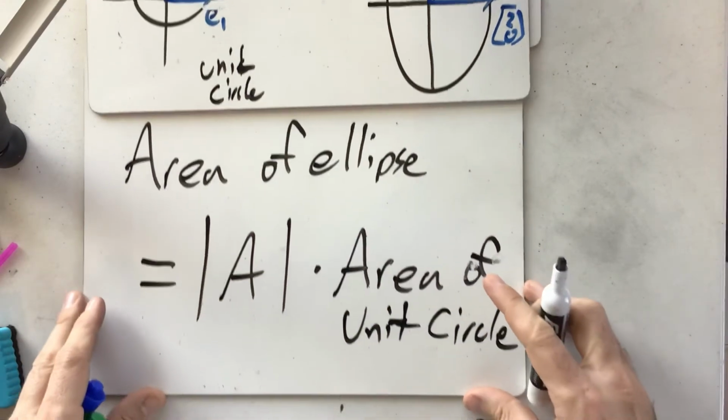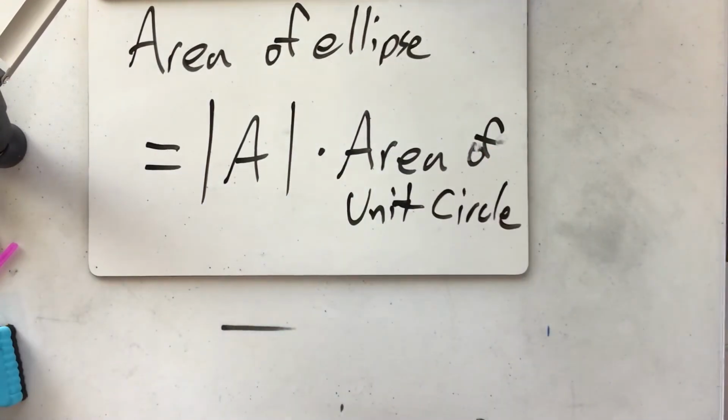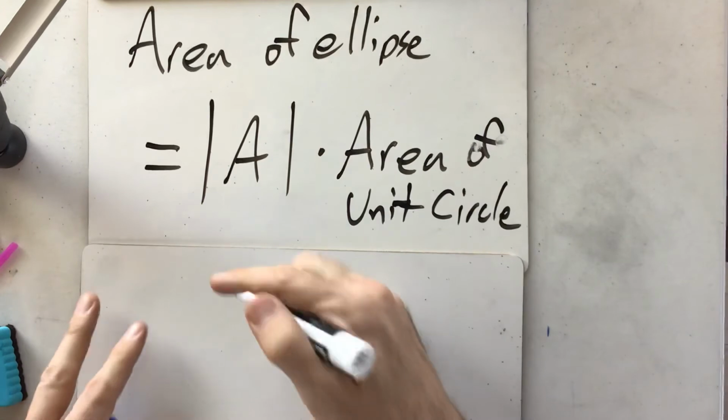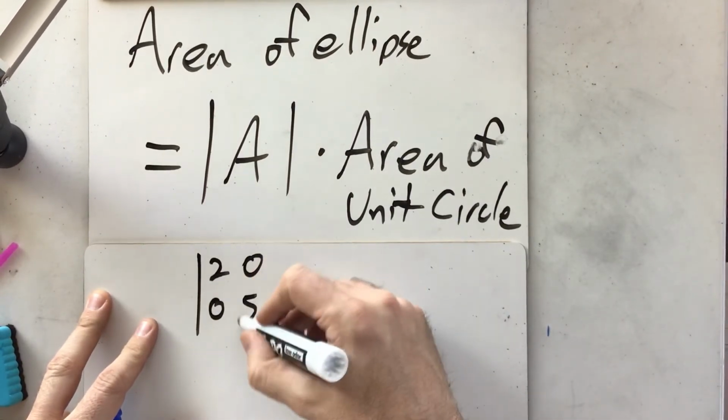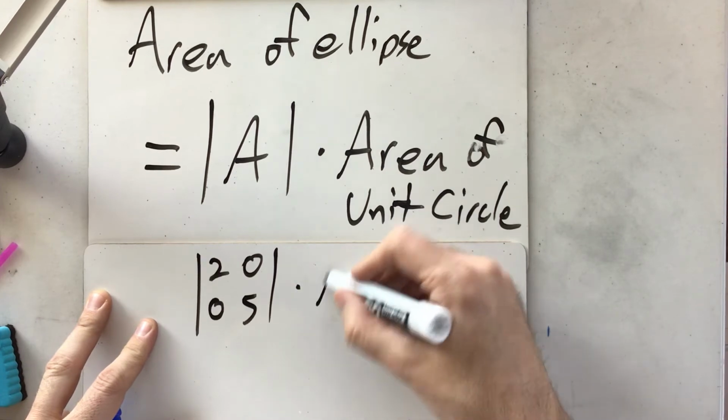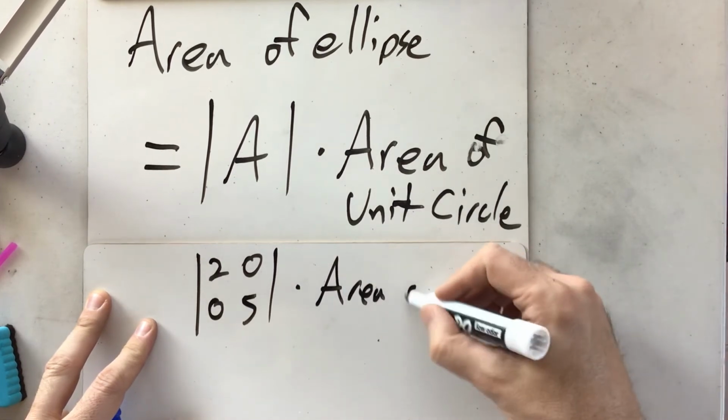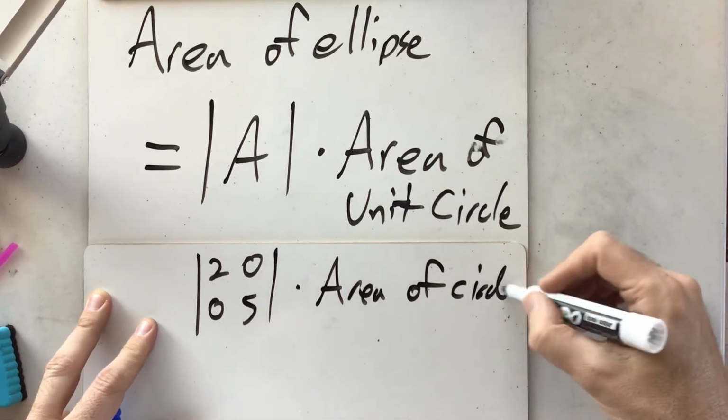And this is really great because these are things that are easy for me to calculate. So I have the determinant of [2, 0; 0, 5], and then times the area of a circle.